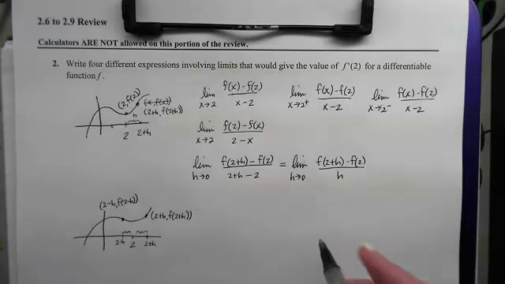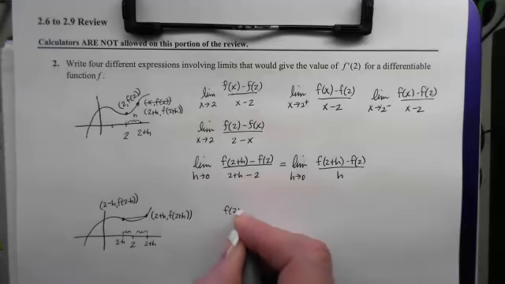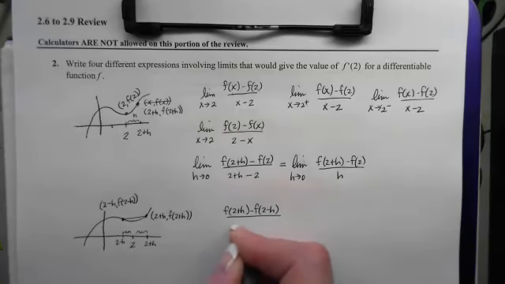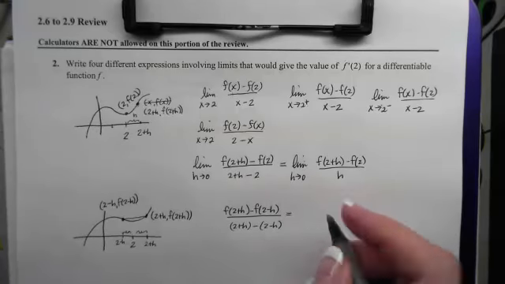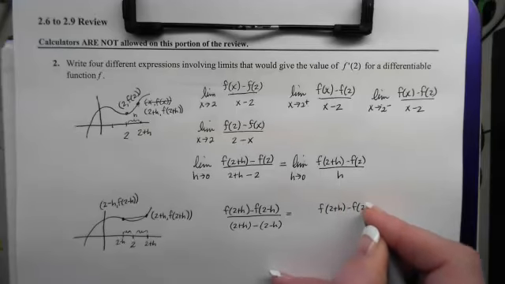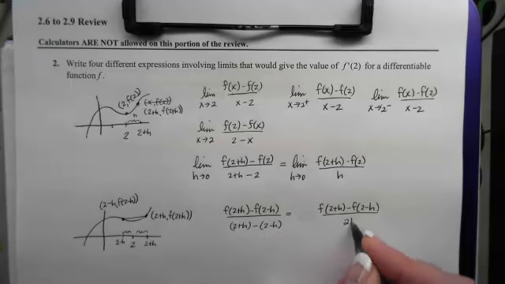So if I set up my limit now, there's my secant. I want the slope of that secant, so it could be y minus y over x minus x. If I simplify this, I end up with f of 2 plus h minus f of 2 minus h over, make sure we look here, we're going to have the 2's cancel and the h's will collect to become a 2h.